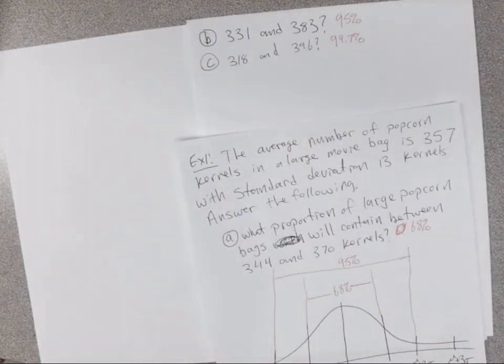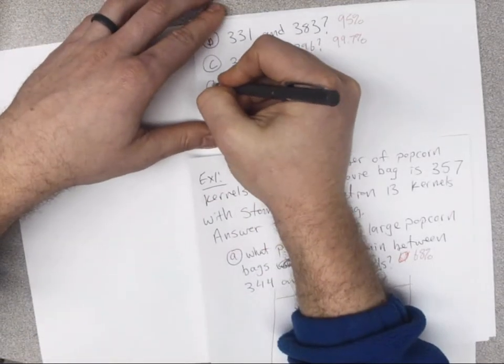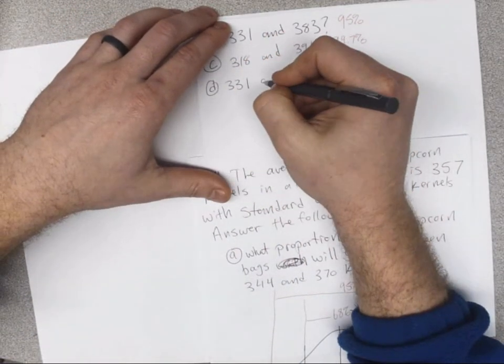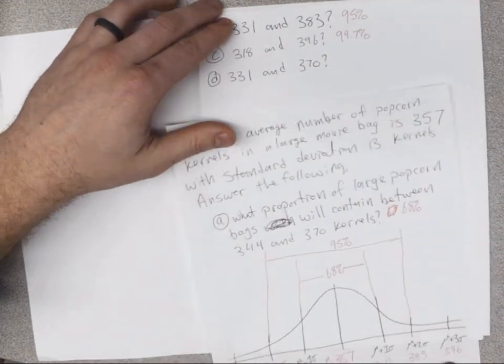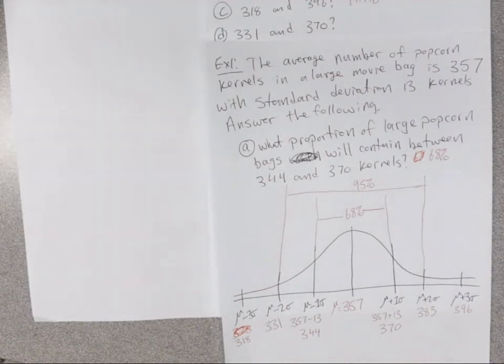All right, let's try a little bit different one here. Let's try part D, 331 and 370. I encourage you to pause and try this one.